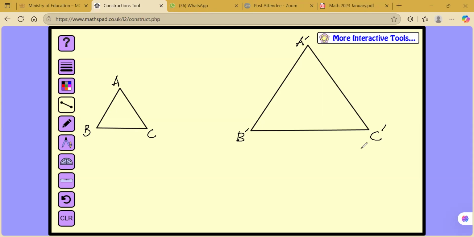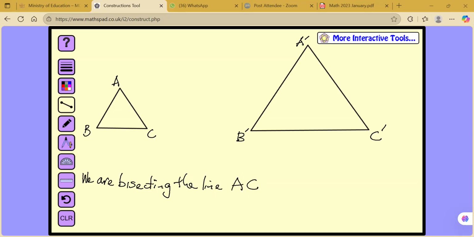Now, I want to bisect AC. We are bisecting the line AC.